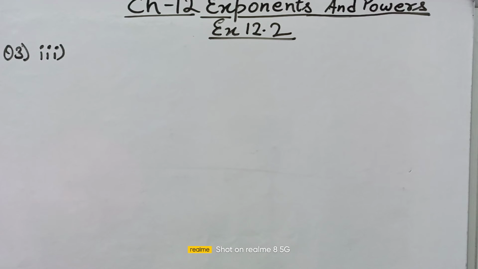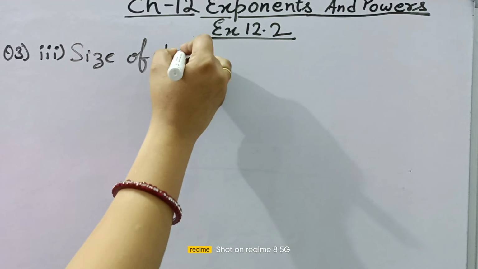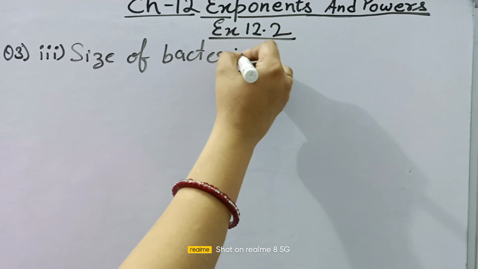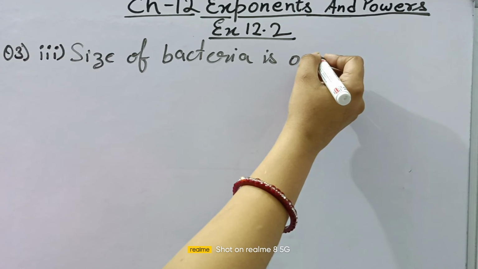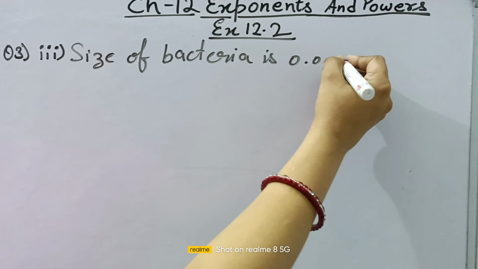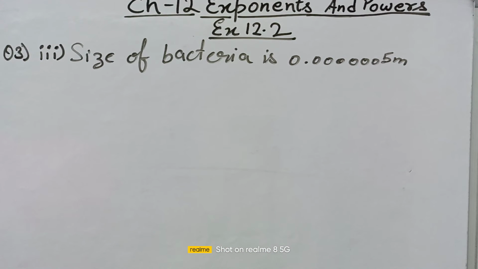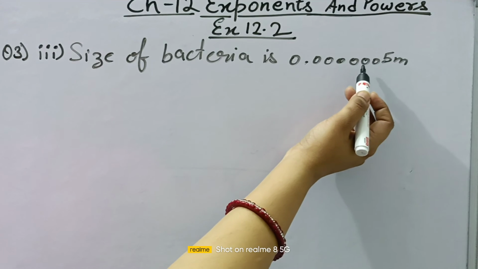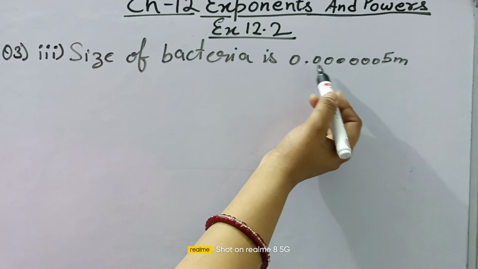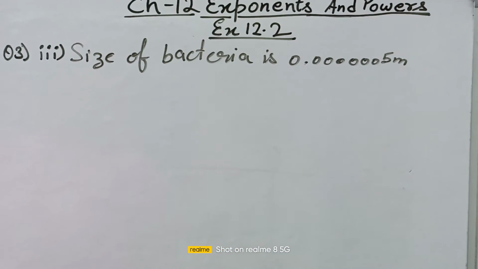Look at the third part. The size of bacteria is given. Now you have to write this size of bacteria in standard form. Again you can see there is a decimal and this is a very small number. That means we will get a negative exponent and we will shift this decimal to the right hand side.